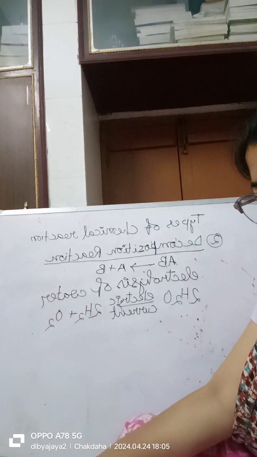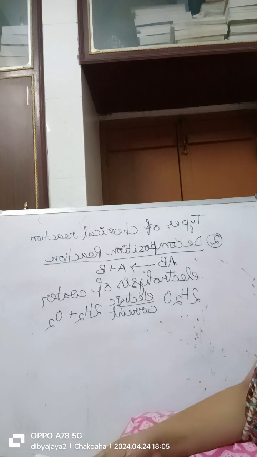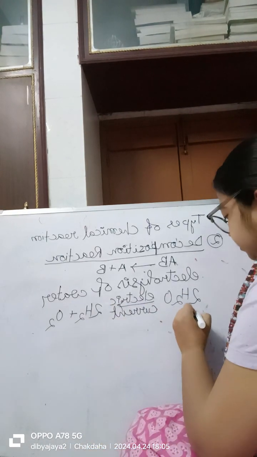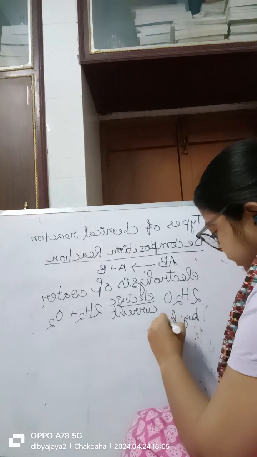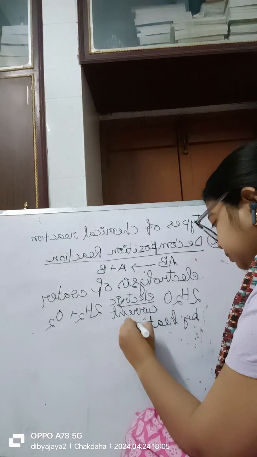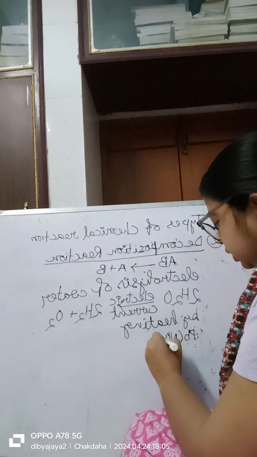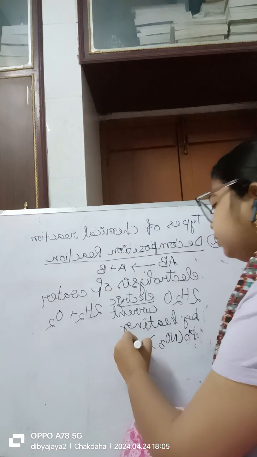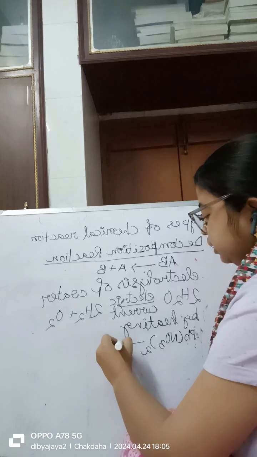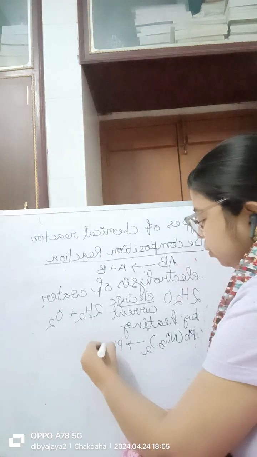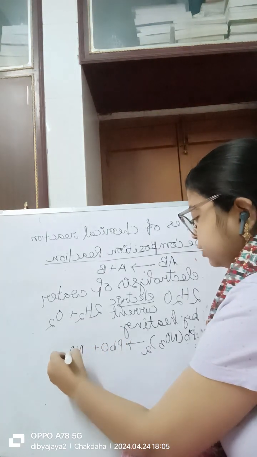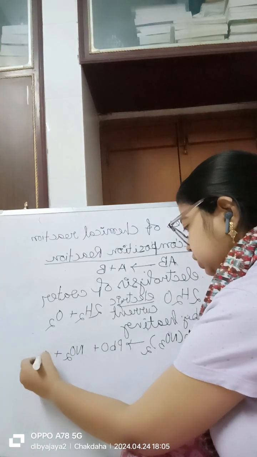Okay, another one, by heating. Another example, lead nitrate, Pb(NO3)2. If you strongly heat it, then you get PbO plus NO2, nitrogen dioxide, and oxygen.